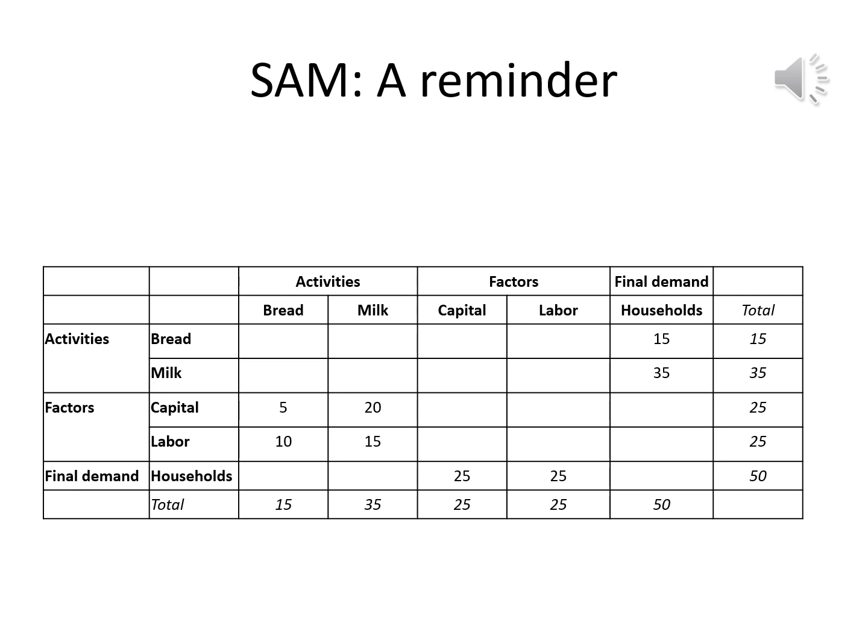If you find it difficult, then please refer to the first week and second week lecture notes, the PowerPoint files. So here is this very simple SAM with two activities, two sectors, which are bread and milk. For simplicity, we assume there are no intermediate inputs. There are no inputs used. Every production activity here is done by using capital and labor.